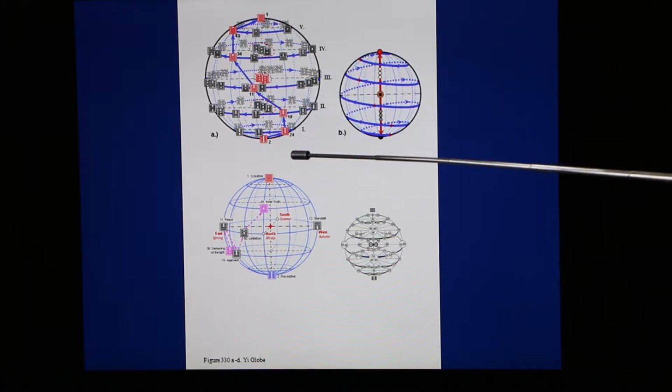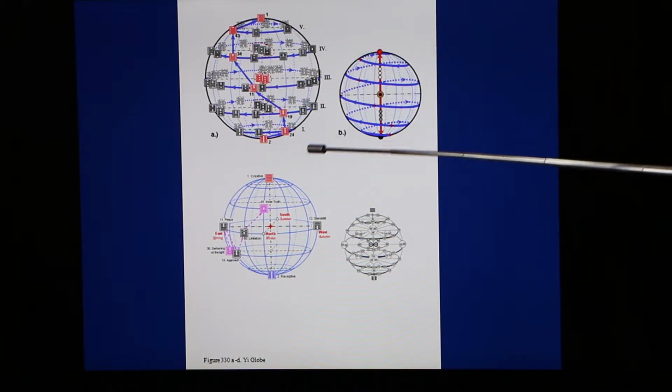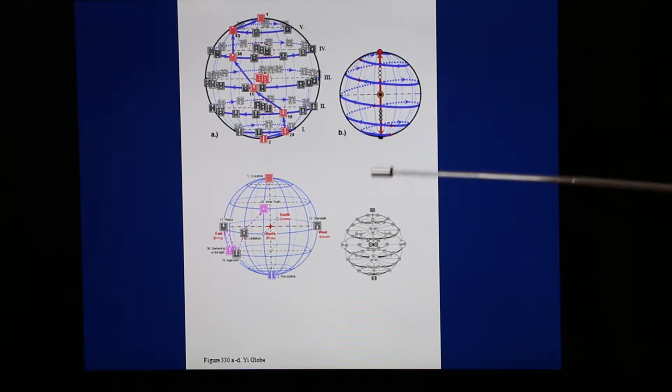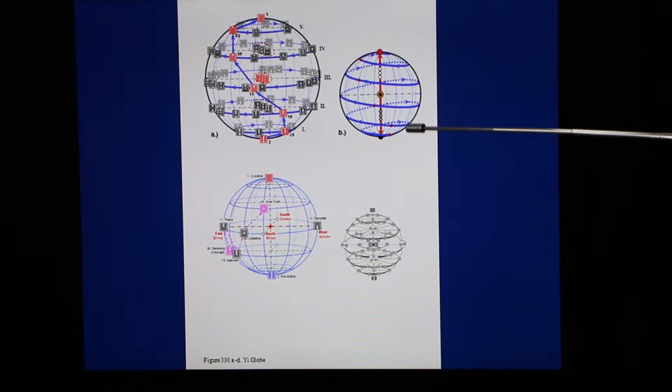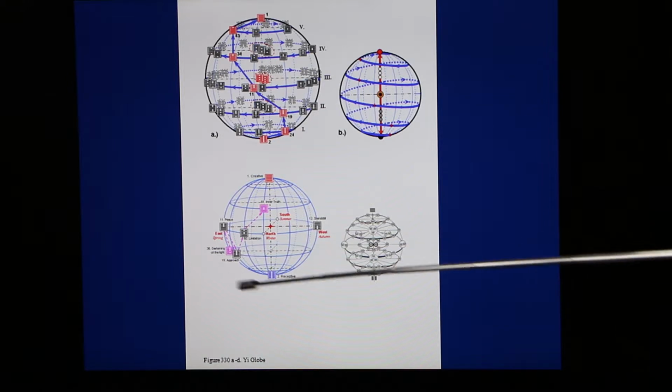This was probably there from the beginning, but it has become an object of study in the last generation, when a gentleman realized that you could take the 64 hexagrams and arrange them along the lines of a Yi globe, as he calls it. And this then produces a series of spirals and a whole series of different geometrical representations.